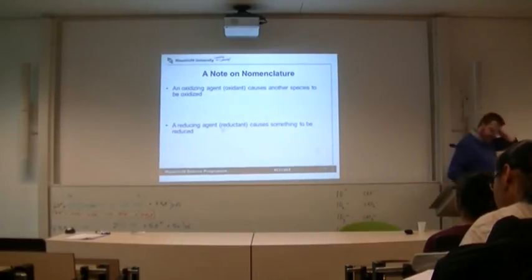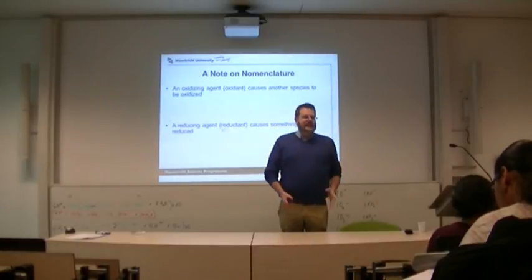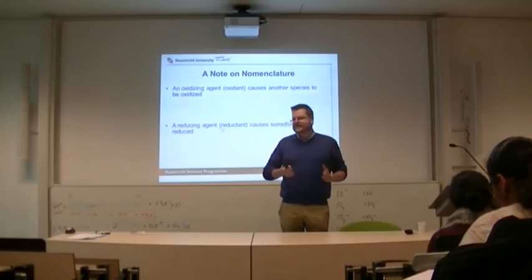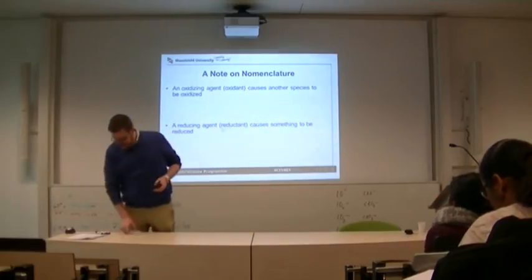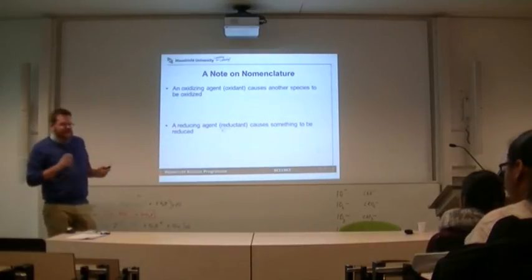and look at nomenclature. Now we did discuss this in the tutorial. It gets a bit confusing. An oxidizing agent is an agent that itself gets reduced, and a reducing agent is an agent or a species that itself gets oxidized. Makes kind of sense because the word agent means it's doing something.